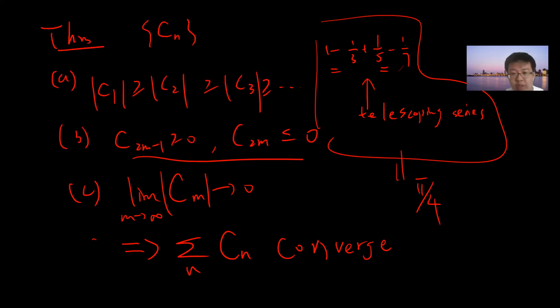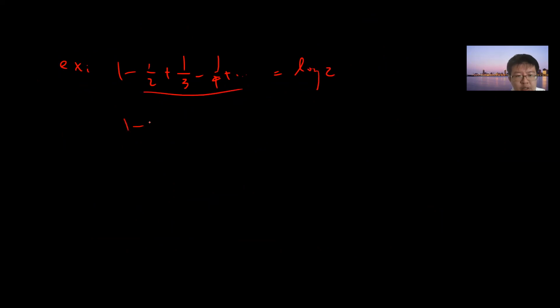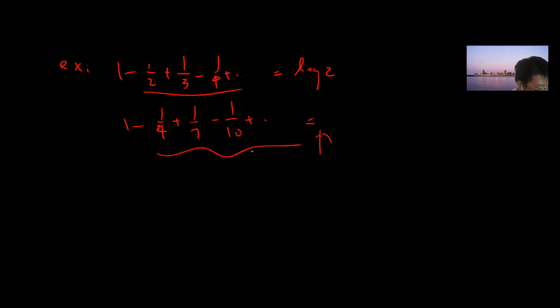So this is the alternating series, and the theorem just says that this converges. You can use this on another example that you can check, and this is long too. You know they converge. Now there's a very beautiful result that you guys can try to see what this is. I will not tell you.